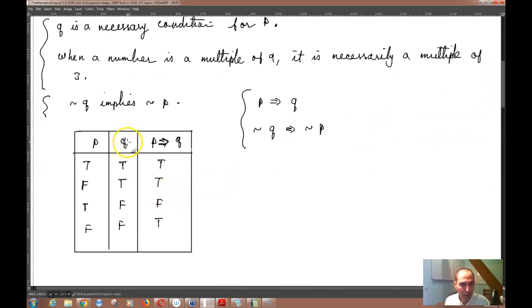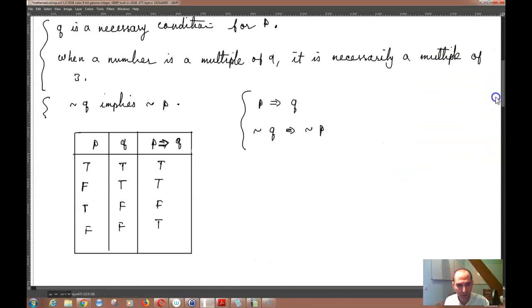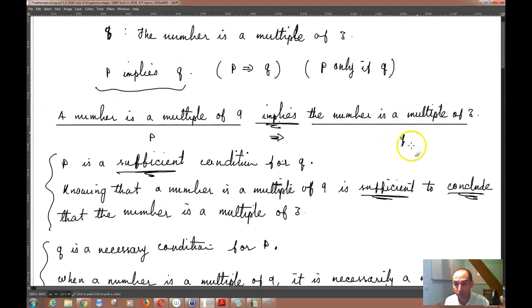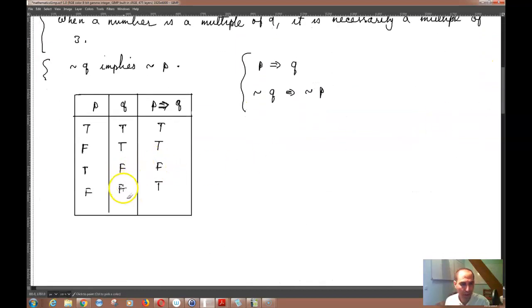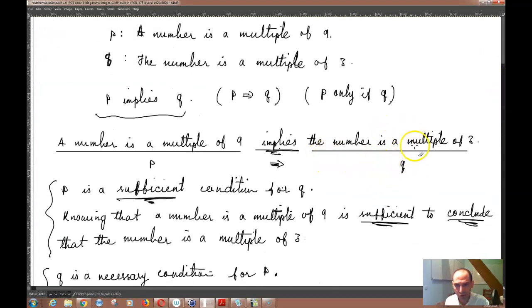Now, if Q is false, even if P is true, P implies Q is going to be false. Over here, if your Q is false, even if your P is true, P implies Q is going to be false. And if both P and Q are false, meaning that if Q is false and if P is false, then P implies Q is true.